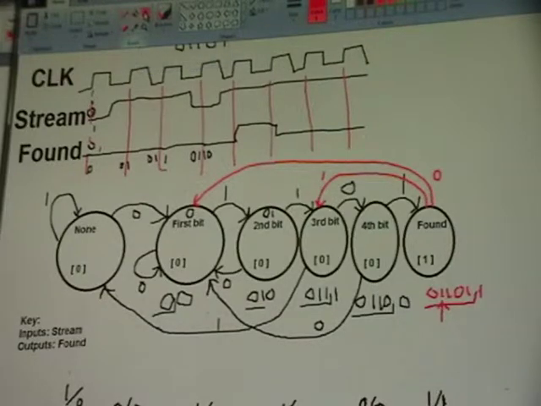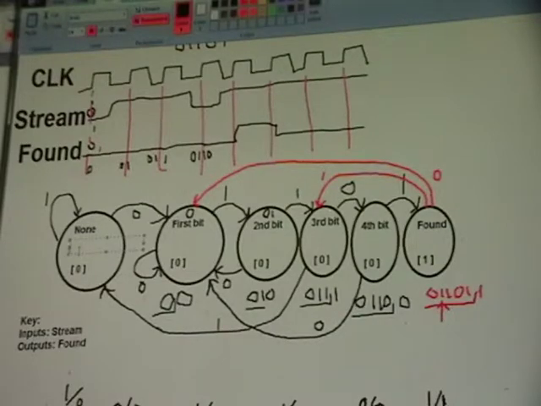But to do one-hot encoding, you count how many states you had. So right here, there's 1, 2, 3, 4, 5, 6 states. There's 6 states. So that means we need 6 bits.